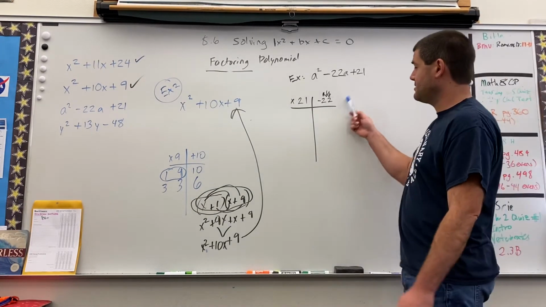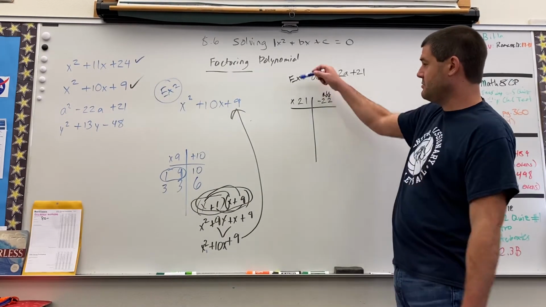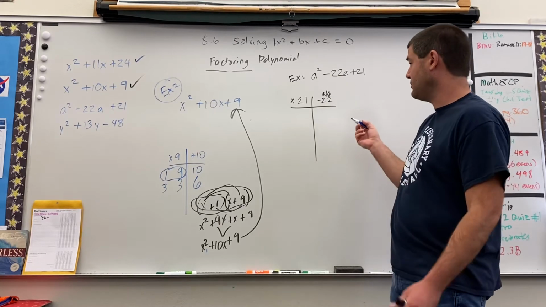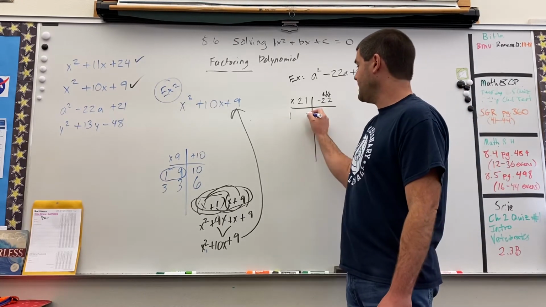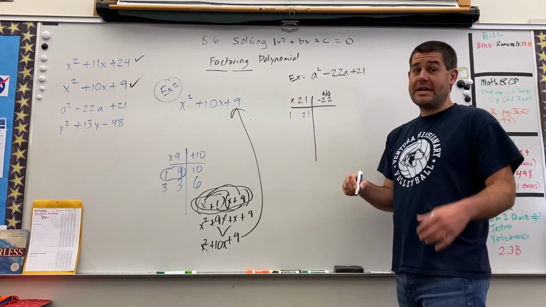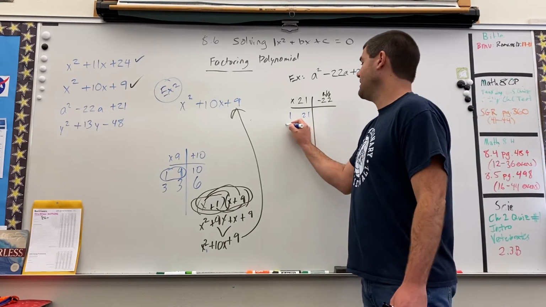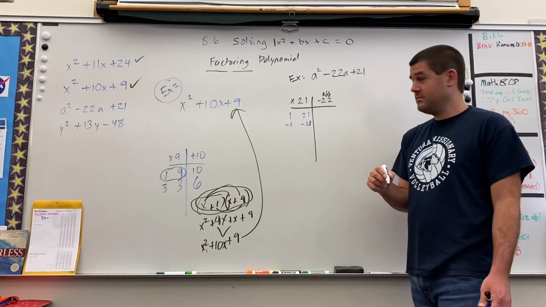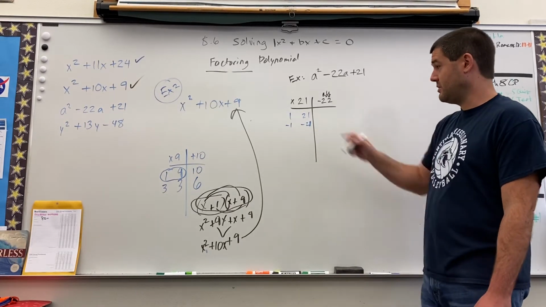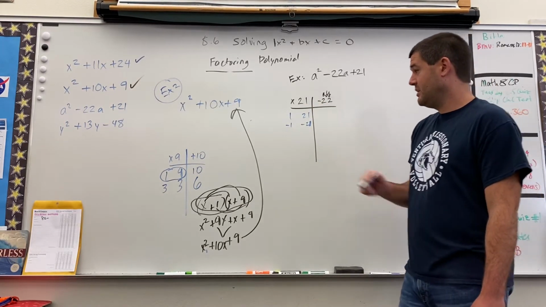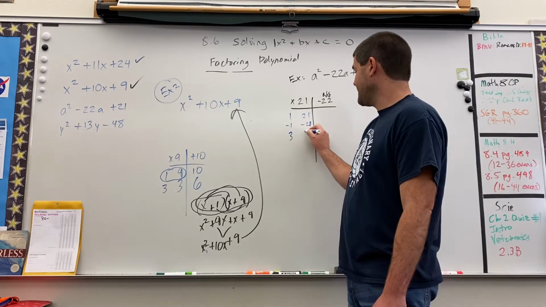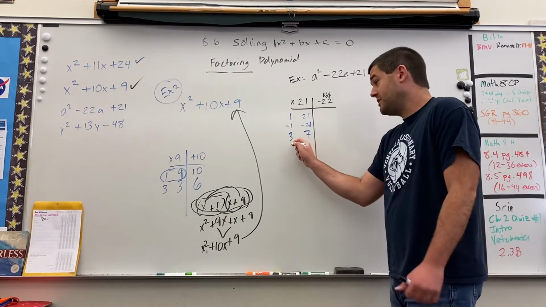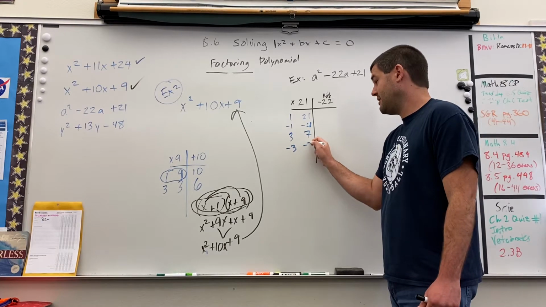So if we add to make negative 22, so let's do multiply to positive 21. Well, I could do 1 and 21, but I could also do negative 1 and negative 21. Those also get me to a positive 21. We could do 3 and 7, or we could do negative 3 and negative 7.